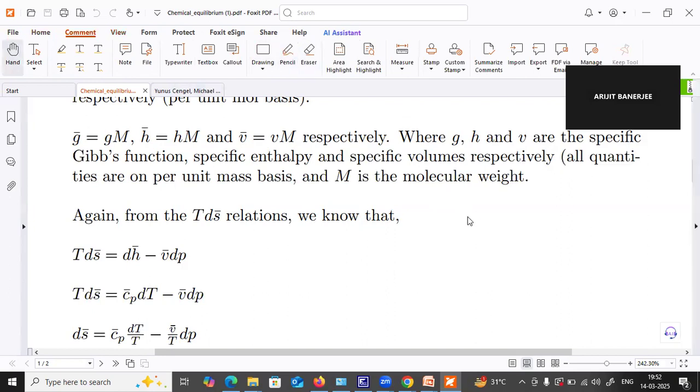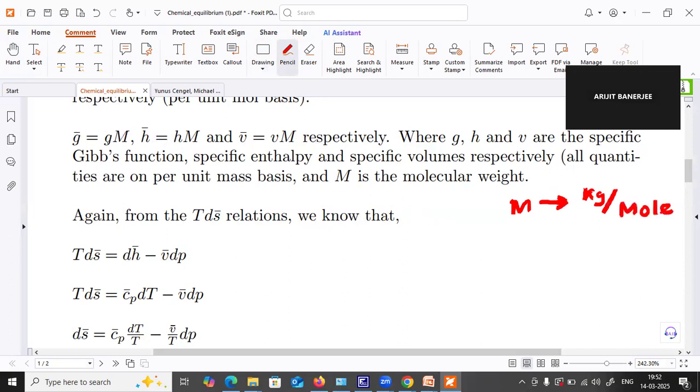You see that molecular weight, what is the unit? Molecular weight means basically kg. Yes, I think it is okay. Yes, it is right. Because molecular weight unit is kg per mole, or kg per kilomole.